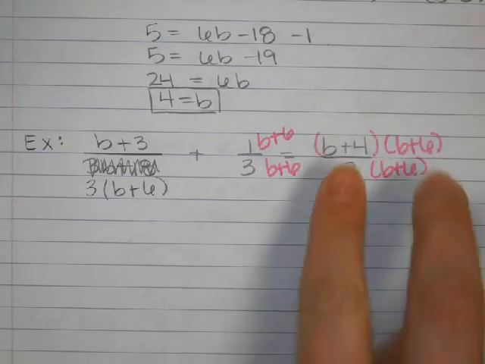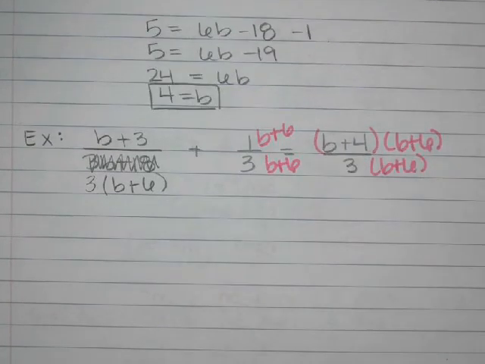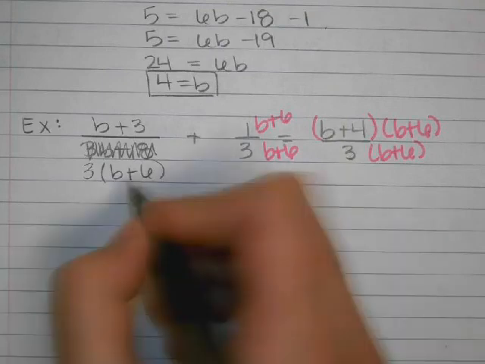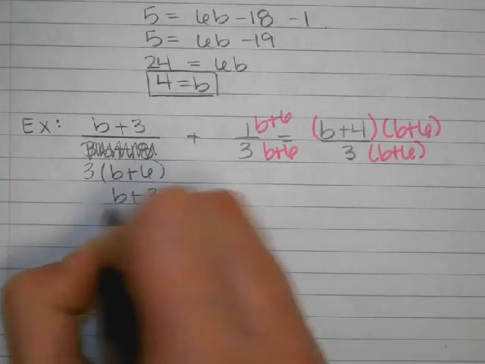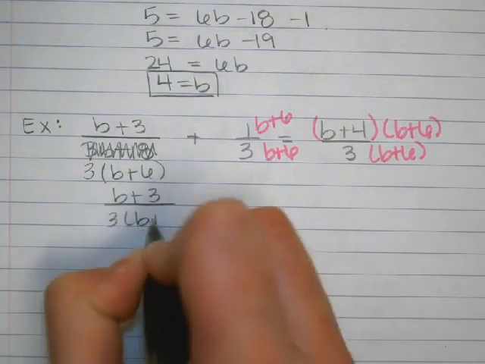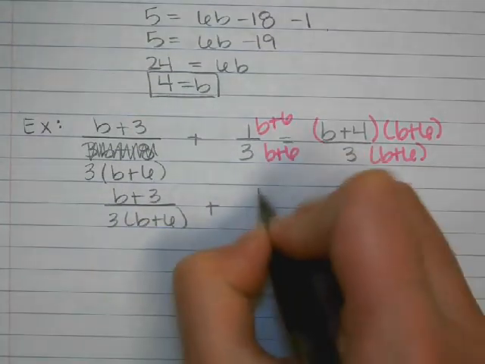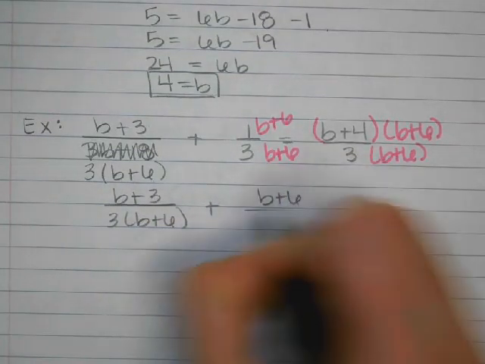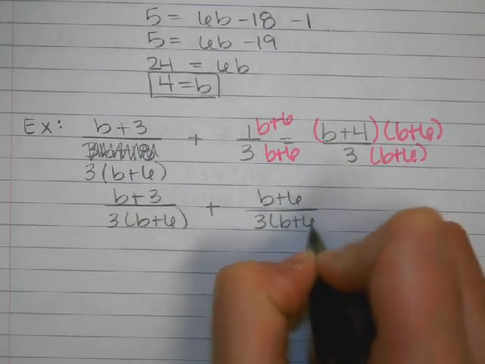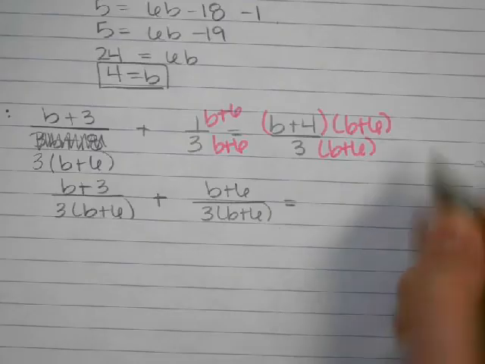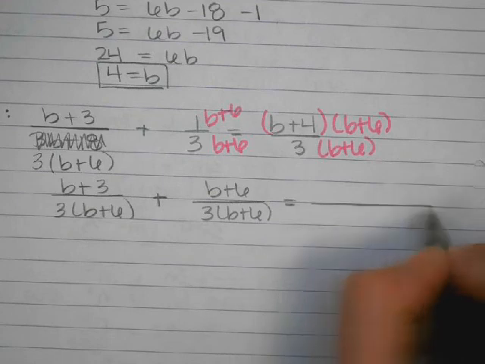And I'm going to have to be careful right here. That's going to need to be FOILed. All right, so for the first term, I didn't need to change anything. All right, and then over here I have to be careful.